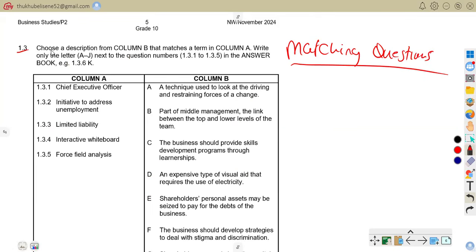So 1.3, choose the description from column B that matches a term in column A. Description in column B that matches what? A term in column A. Write only the letter A to G next to the question number 1.31 to 1.35 in the answer book. For example, 1.36 K.